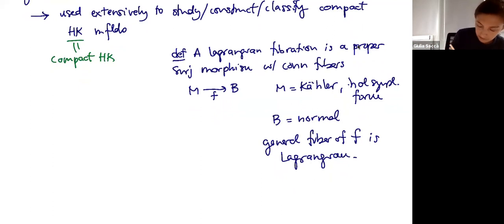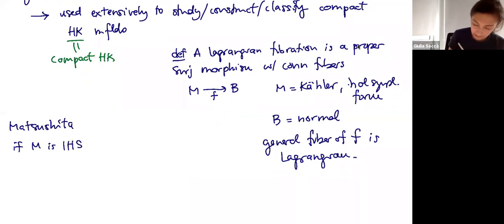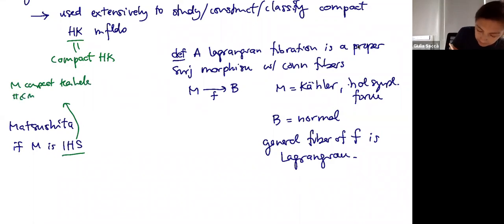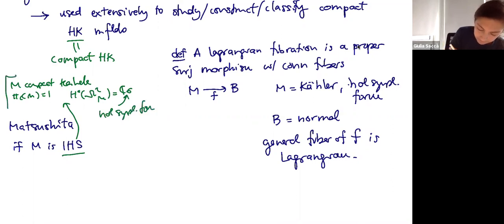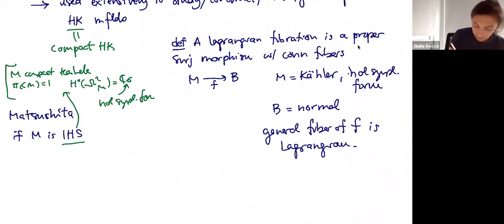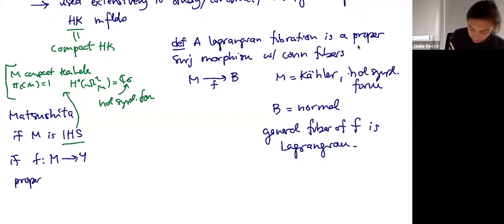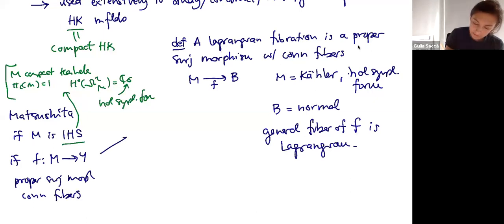By Matsushita, if M is irreducible holomorphic symplectic, which means that it's compact Kähler, simply connected, and the space of holomorphic two forms is generated by a symplectic form, and if F from M to Y is a proper surjective morphism with connected fibers, then there are only two possibilities.